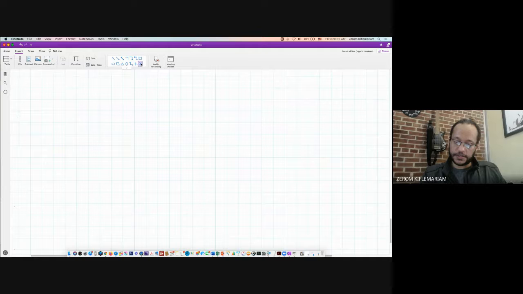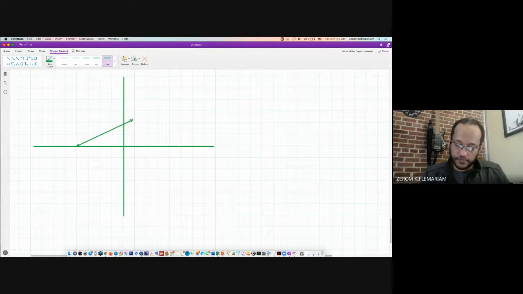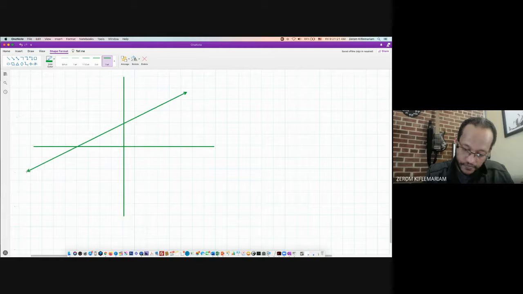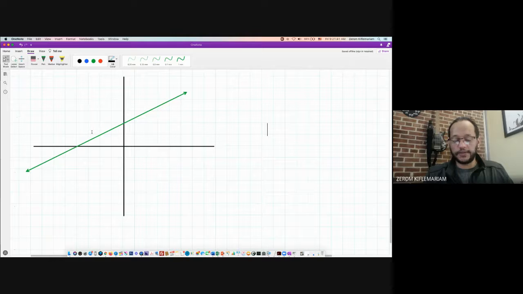Okay, insert another plane. Okay, so everybody can see the green line, right?